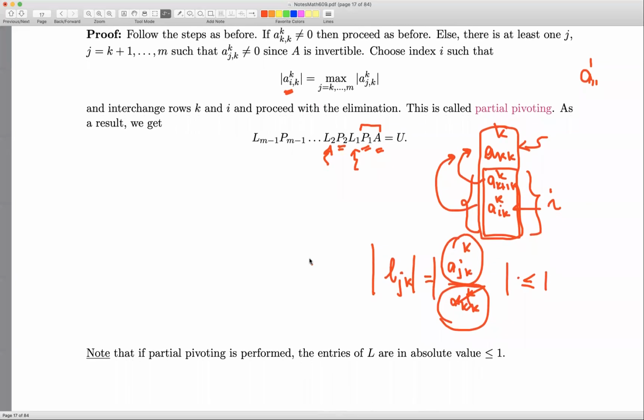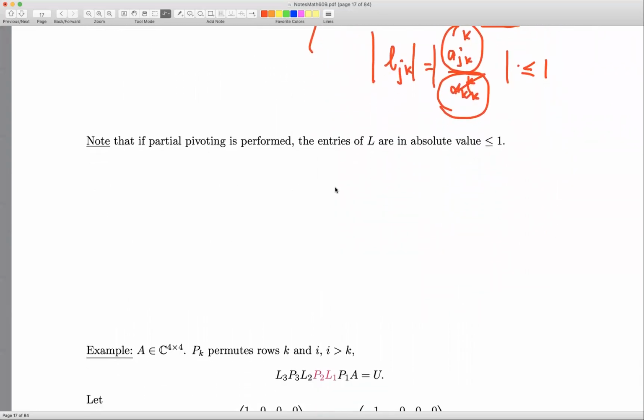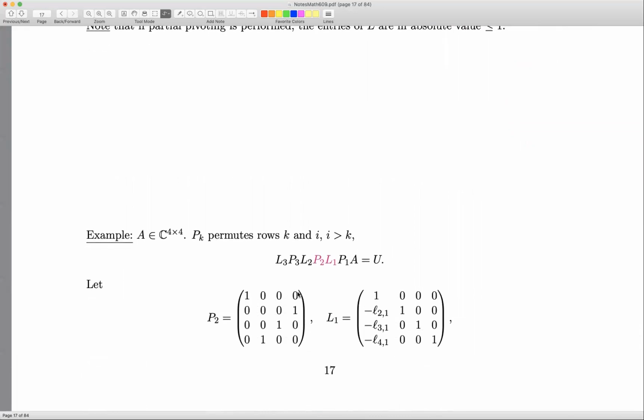So let's go back and look at this product here, and we'll illustrate exactly what is happening if we have a 4x4 matrix. A similar thing is happening for a general matrix, but we just don't want to get lost in the dimension of the matrix.